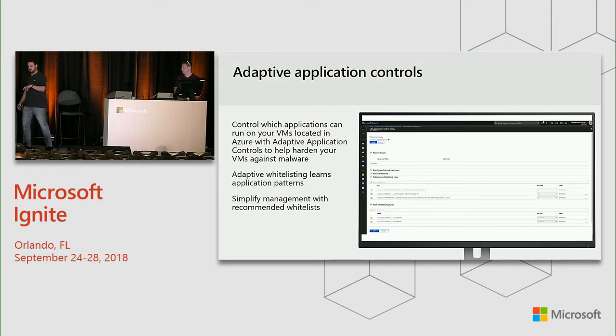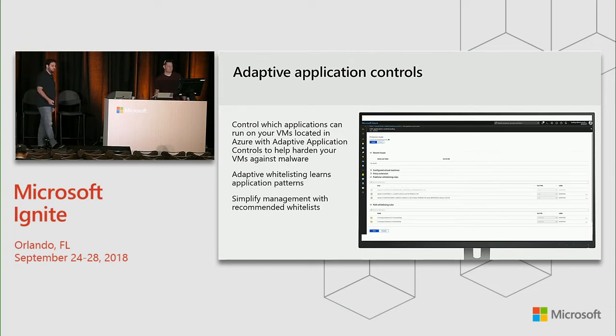Because when you enable it and you decide to focus only on the set of specific applications that need to be allowed on those servers, any other application that tries to run will either be audited, depending on the enforcement mode that is currently enabled, or simply be blocked, if it's not allowed.